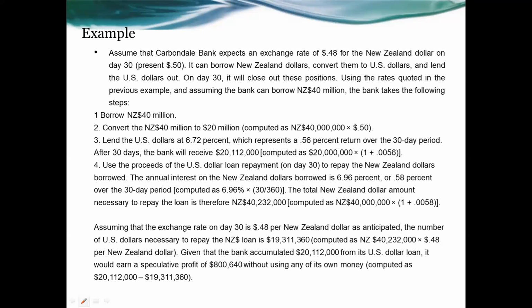As a result, people expect what can happen in the next week, next month, next 3 months. Because of that anticipation, they can earn profit, as well as incur loss when the anticipation does not become real. So this is the way foreign exchange rates can play within the foreign exchange market.